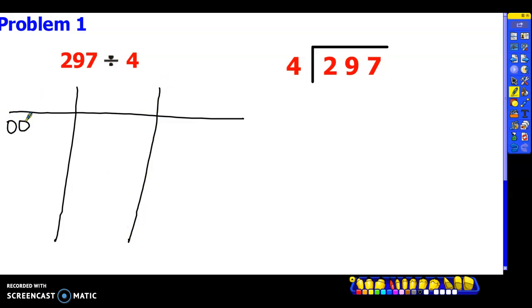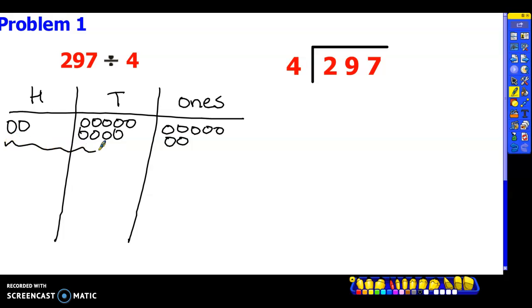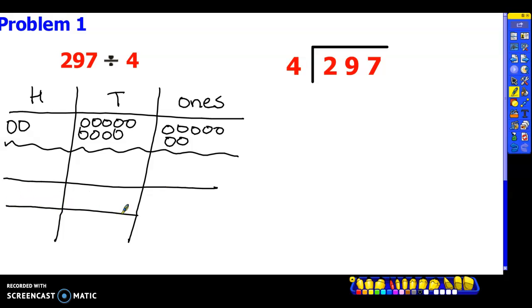I've got 2 hundreds, 9 tens, and 7 ones. Okay? Alright, so if we're breaking this into 4 groups, check out what's going to happen here today.